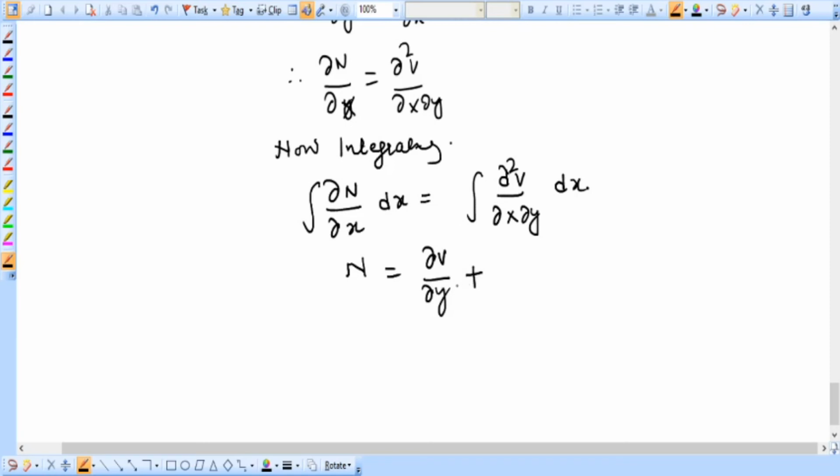Because we are dealing with two variables, instead of a constant we will write a function of y, because the integration was with respect to x. When we are integrating or differentiating with respect to x, y is treated as a constant term, so therefore the constant can involve y as its term, so this constant would be a function of y, right? So now n is equal to curly v over curly y plus a function of y, say f(y), right?